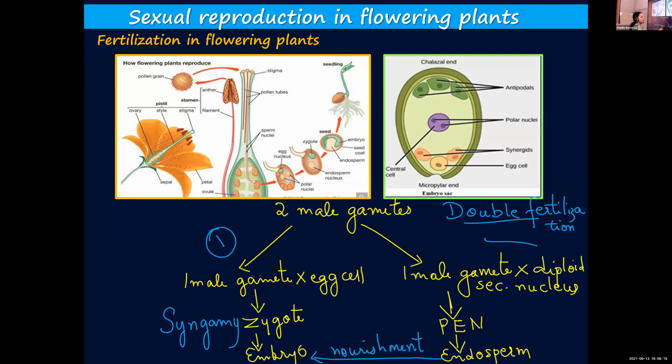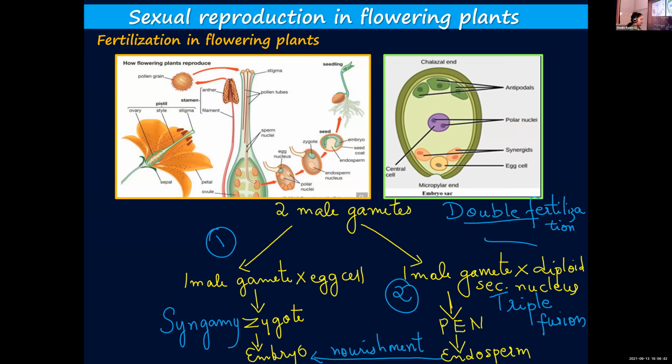And the other fusion you call triple fusion. Three sets of chromosomes are fusing, or three nuclei are involved: the diploid secondary nucleus, meaning two polar nuclei fused together, plus one male gamete.